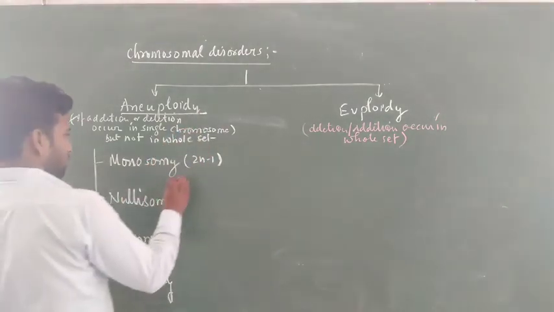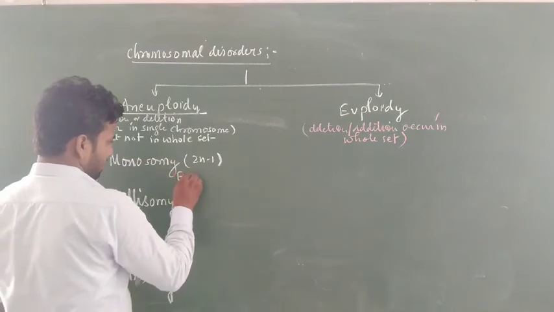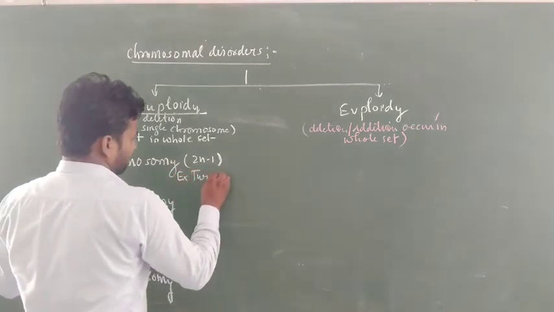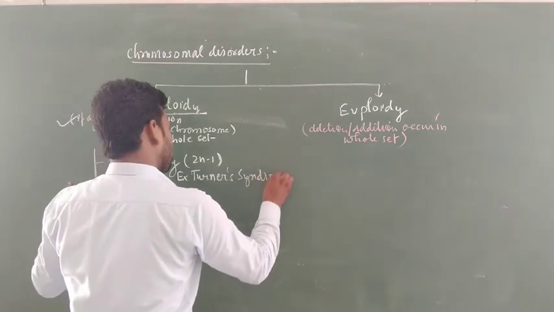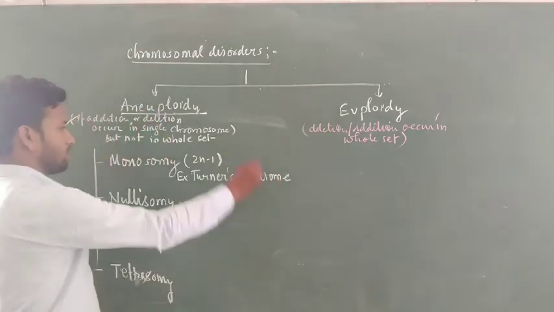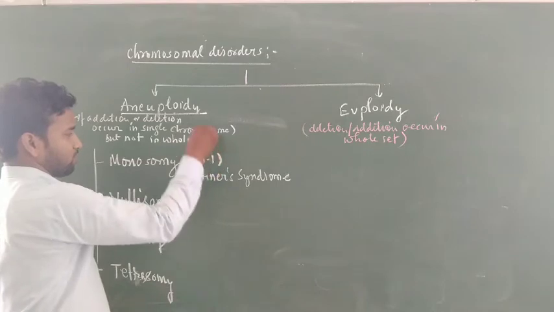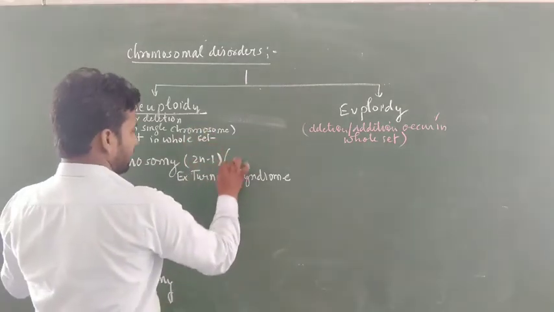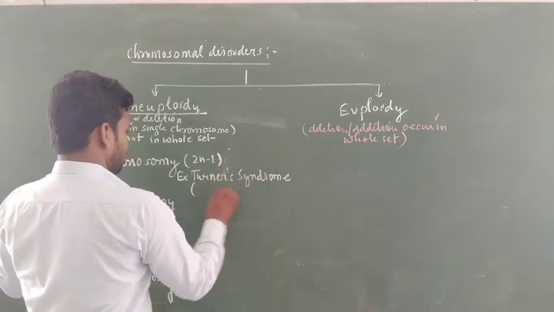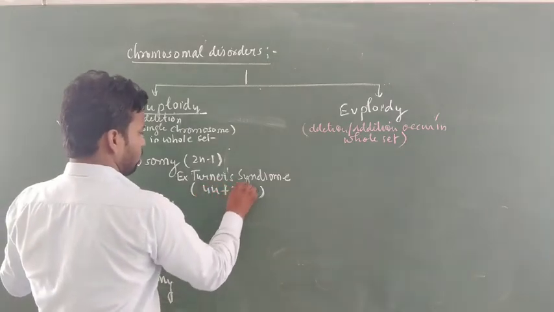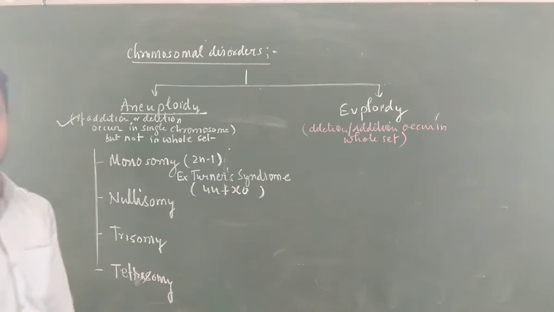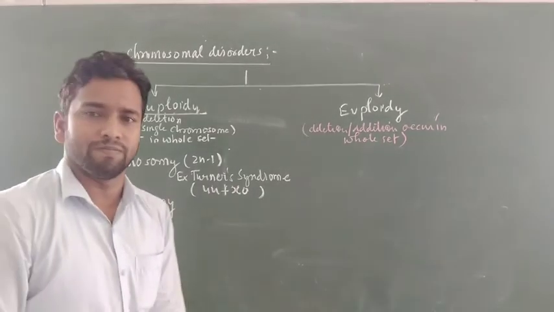The best example given in NCERT is Turner syndrome. Turner syndrome is an example of monosomy, in which one X chromosome gets deleted, and the genetic constitution in Turner syndrome is 44 autosomes plus XO. One X chromosome is deleted in Turner syndrome.